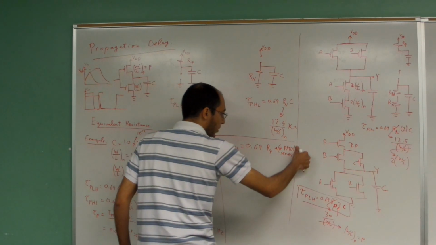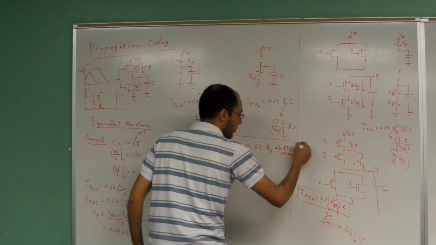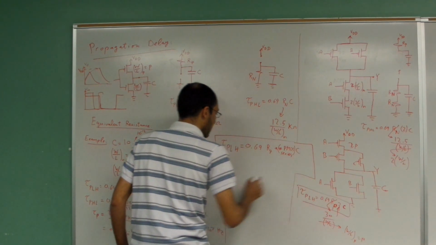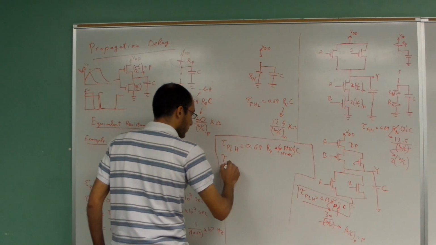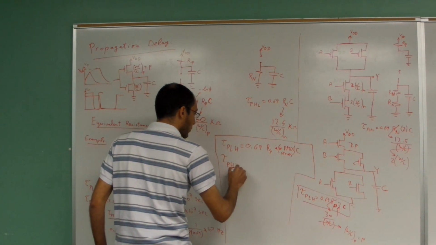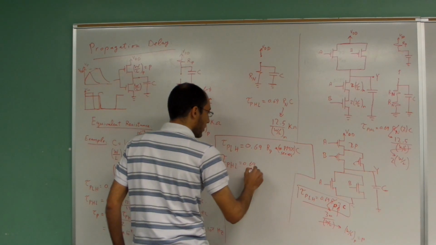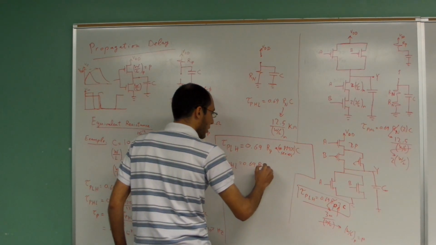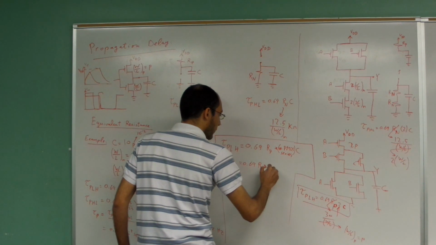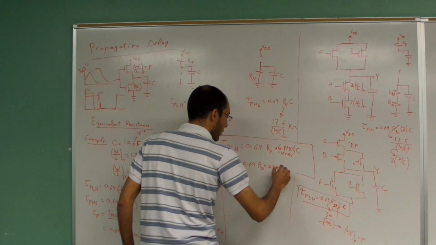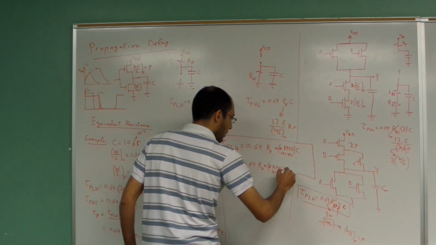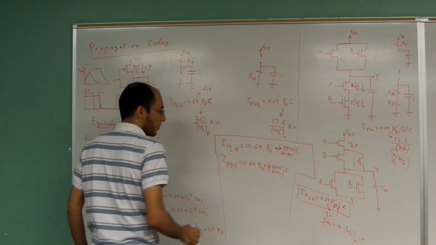Okay, and then multiplied by C. Tau propagation high to low is equal to 0.69 Rn multiplied by number of NMOS transistors in series. Okay, and then you multiply by the C.